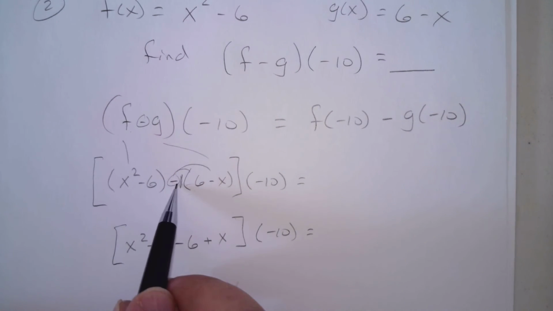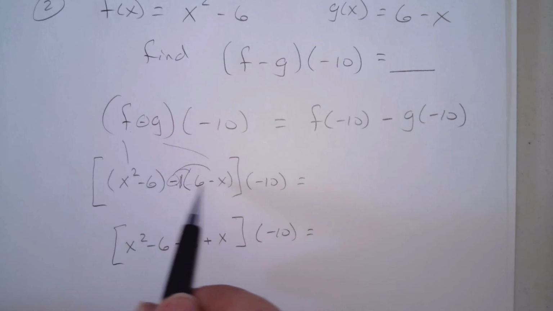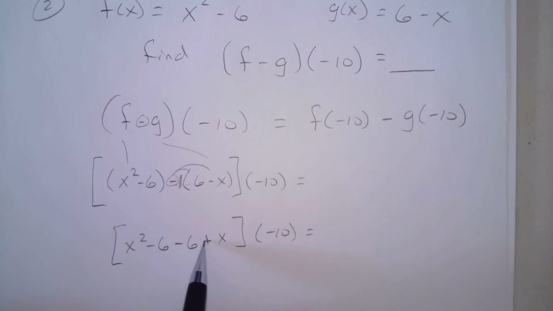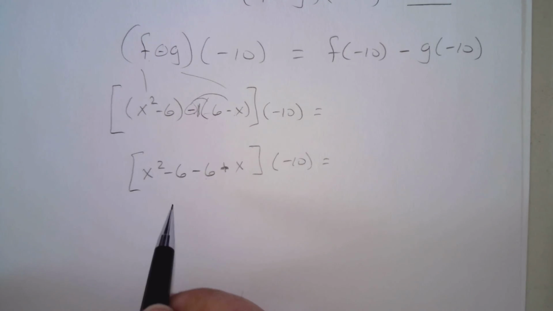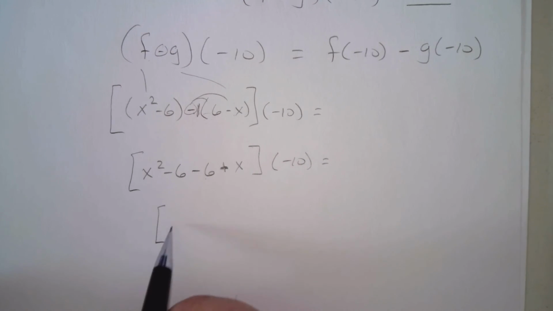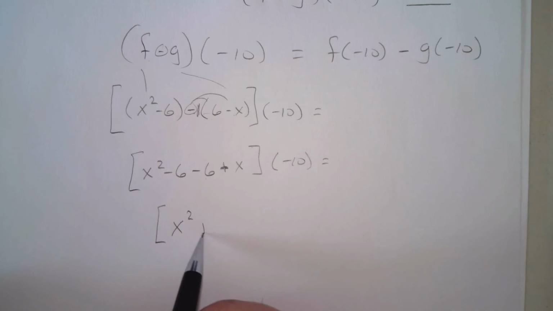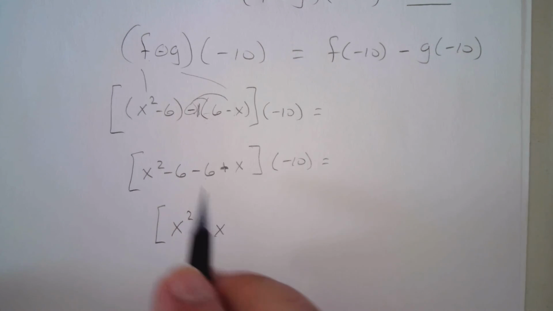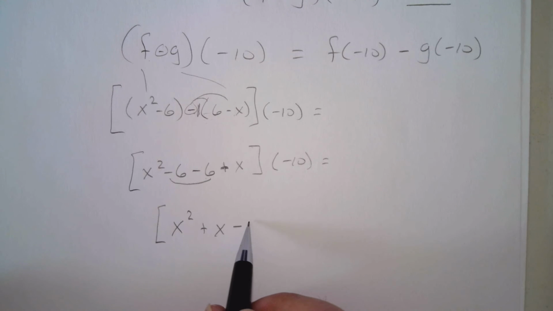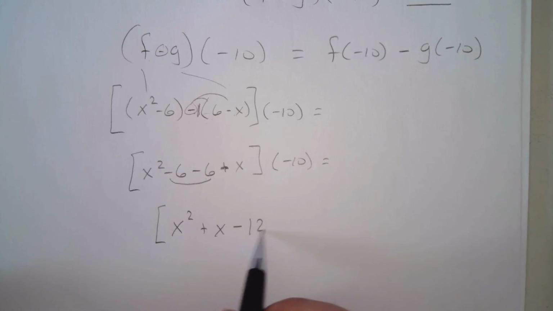Because negative 1 times 6 is negative 6. Negative 1 times negative x is positive x. x squared plus x, negative 6, negative 6, they're both negative, so you add them, negative 12.